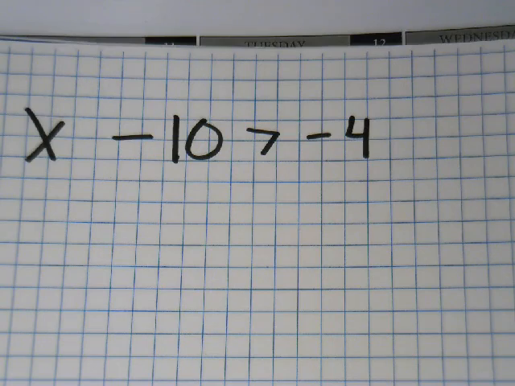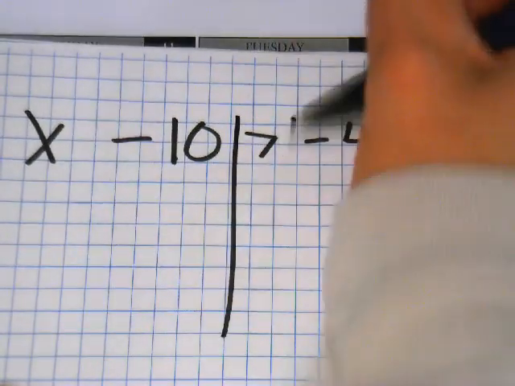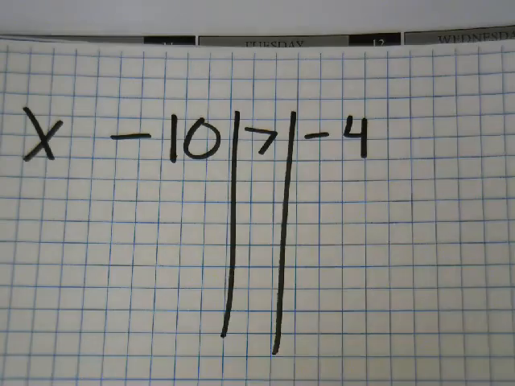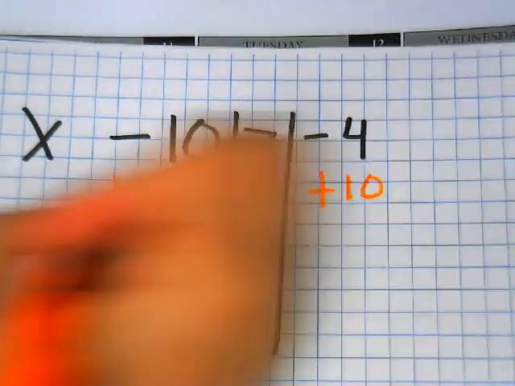All right. So what is the opposite operation? X minus 10 is greater than negative 4. Addition. So we're going to add 10.